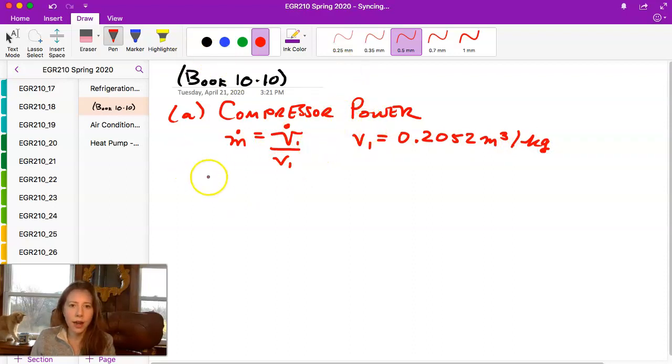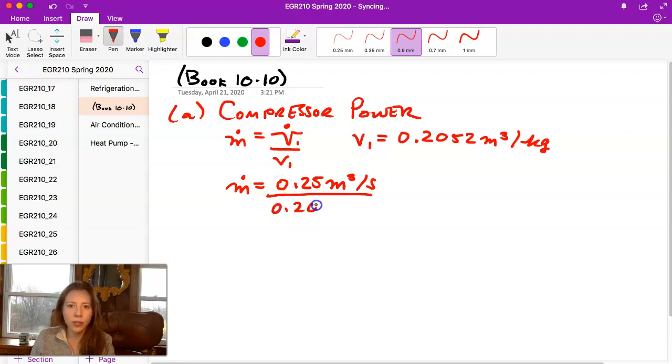And now we can get the mass flow. And so our volumetric flow rate we determined was 0.25 meters cubed per second divided by 0.2052 meters cubed per kilogram. And this is going to give us a mass flow rate of 1.218 kilograms per second.